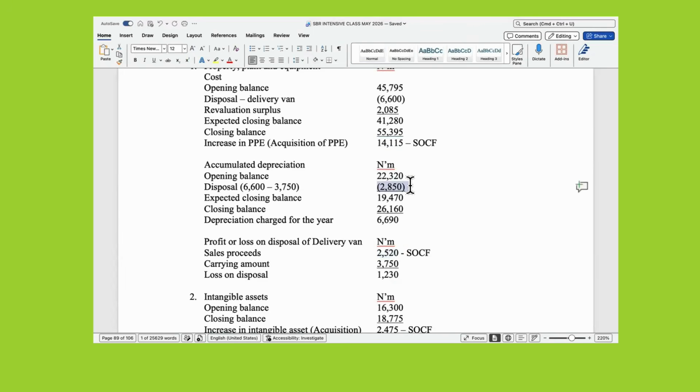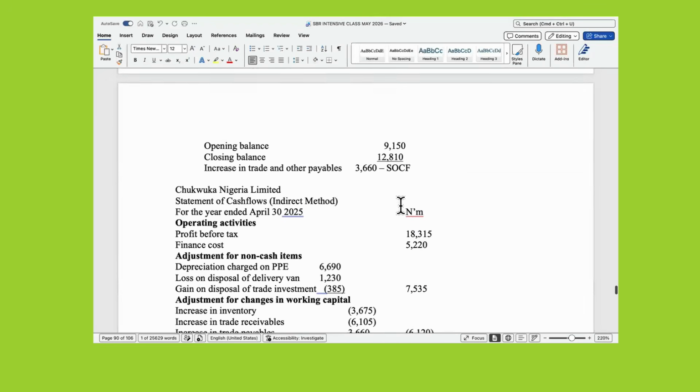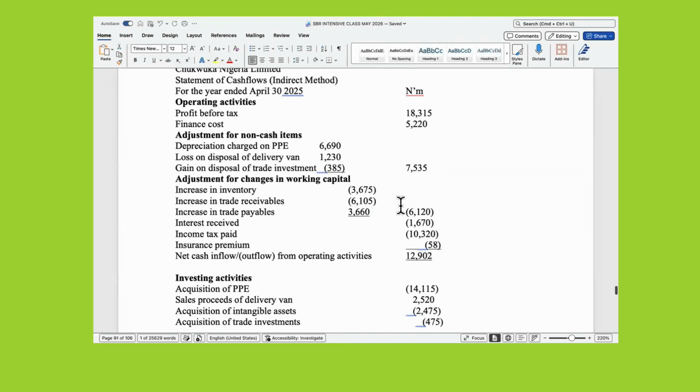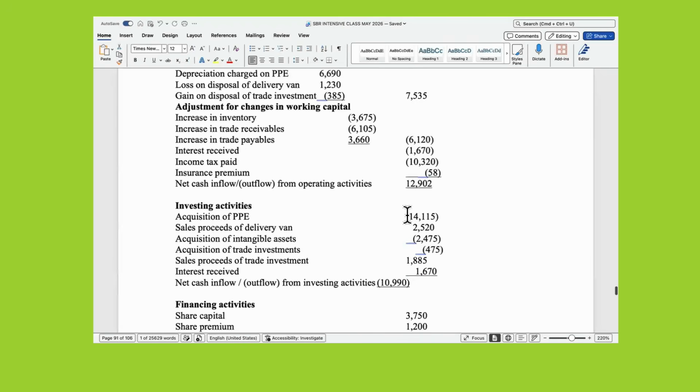Don't go and put carrying amount or cost of the asset disposed for sales proceeds. I need the sales proceeds itself. Acquisition, that one, yeah, balancing figure, the cost. And those are the two that go to investing activities as far as PPE is concerned. So acquisition of PPE, sales proceeds of delivery van.